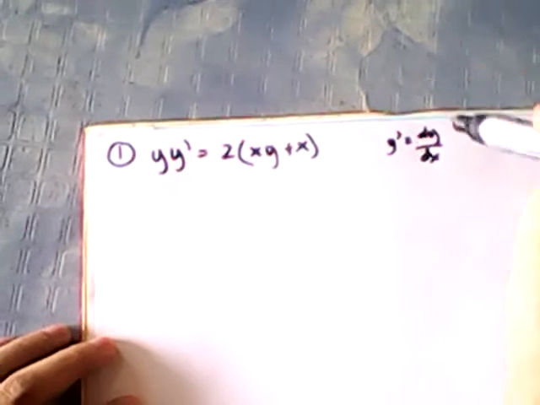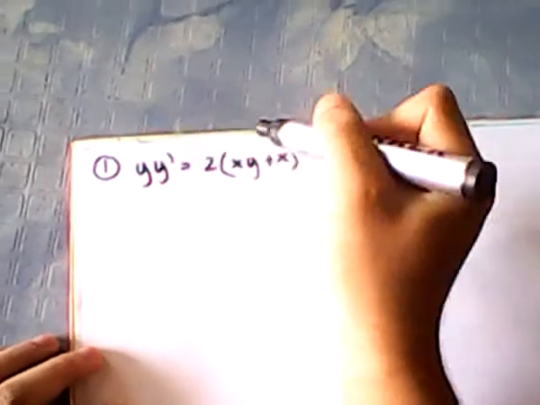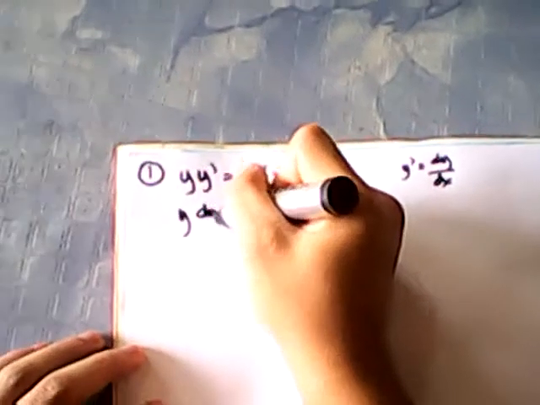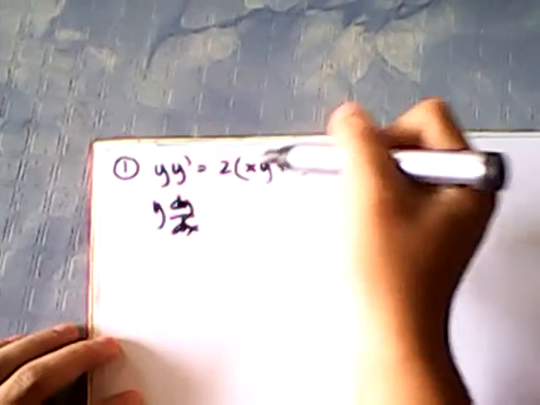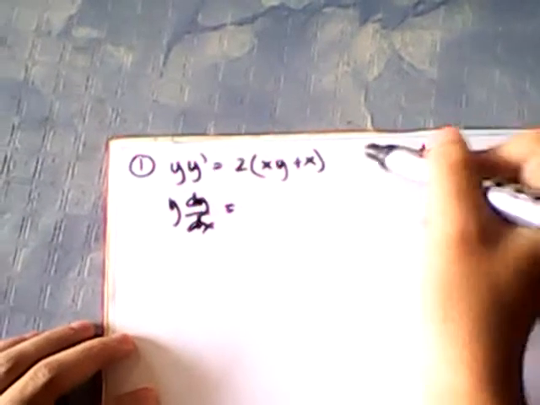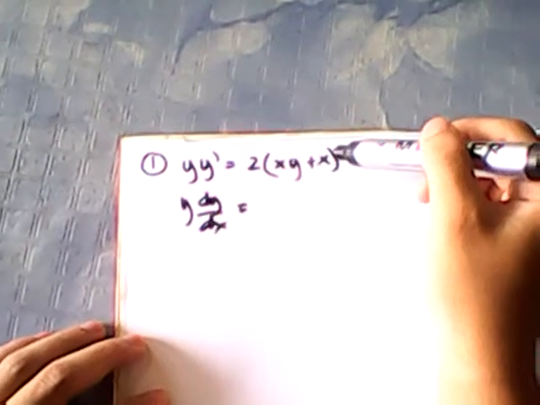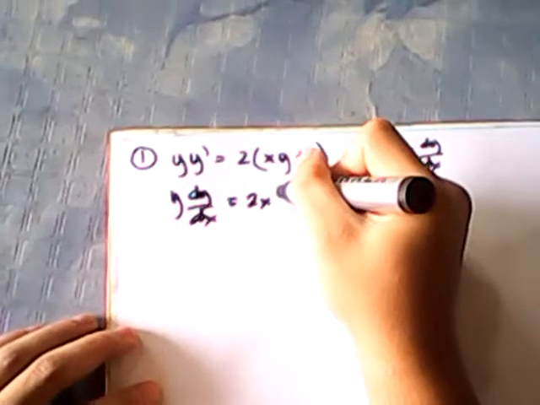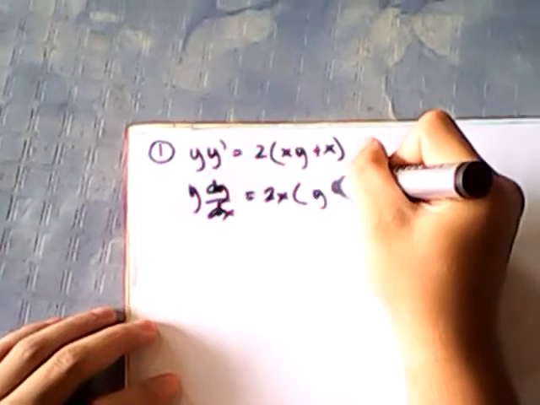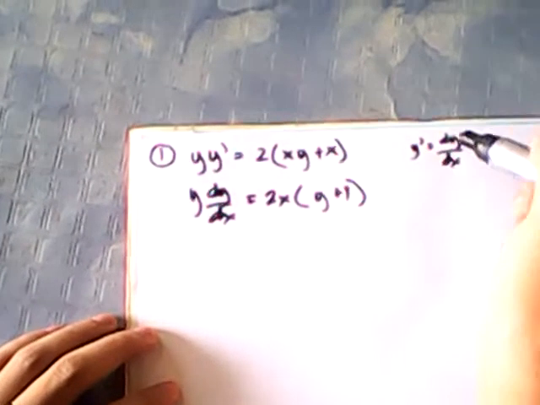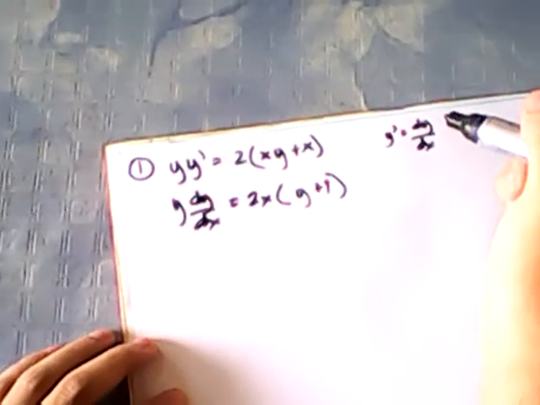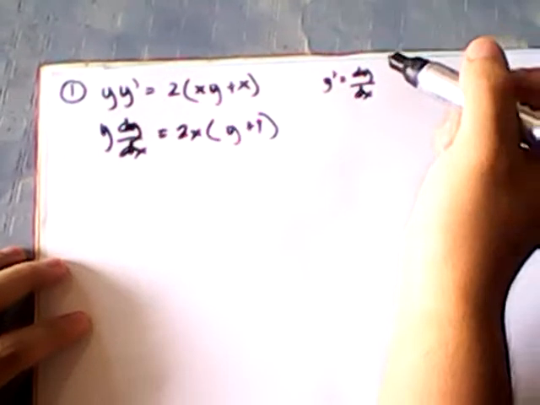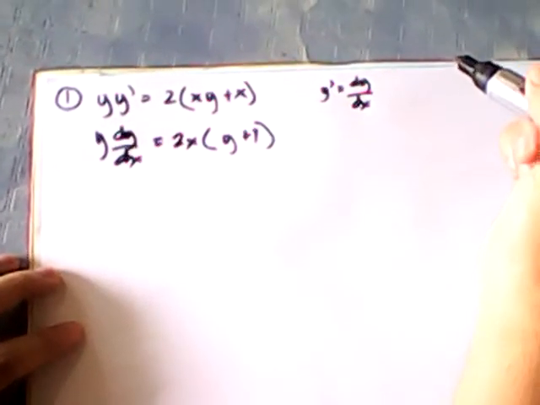Now we will substitute it with dy dx. y times dy dx is equal to, you can factor x out, 2x times y plus 1. We will use a separable equation.